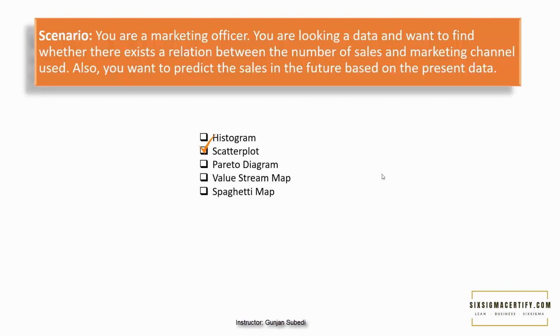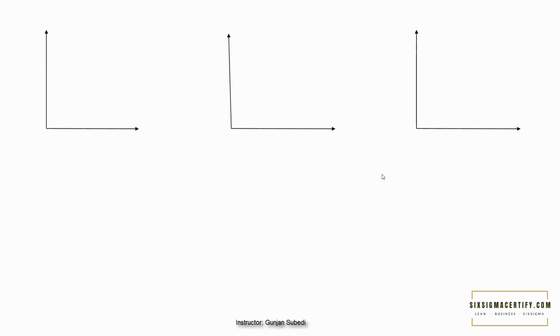Value stream mapping and spaghetti map or diagram cannot be the true answer to this question because both are used to show movement of value or movement of information or the process flow. These maps cannot show the quantitative relations between two data sets, and they cannot predict any quantitative value for the future. Through scatter plot, we can know different sorts of relationships.